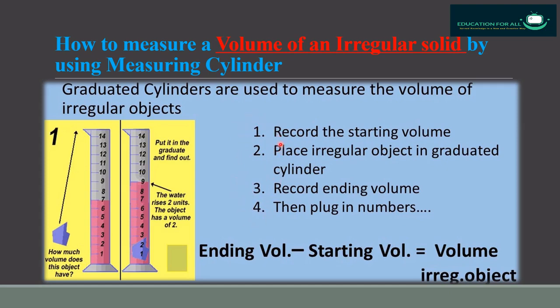Number 1, first of all, you have to put some liquid, particularly water, in a measuring cylinder. Here in this cylinder you can see the liquid is till 7 ml, or 7 milliliters.